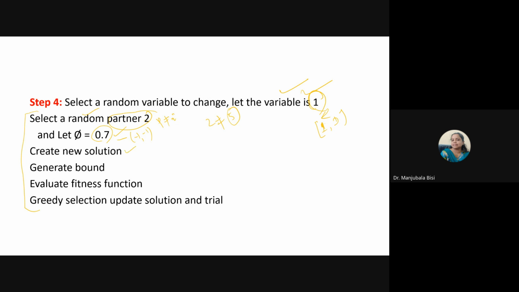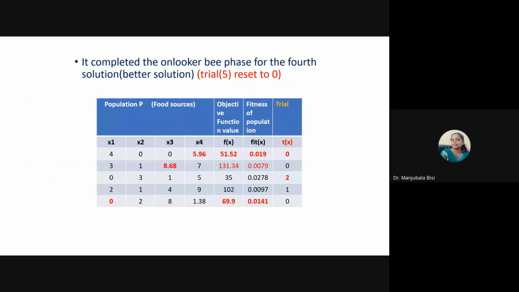Then you create the new solution, bound it if required, then evaluate the fitness function for the greedy selection, and update the solution and the trial. So if you do this, what will happen with this consideration? The fifth one, we are getting a better solution now. So the trial counter is reset to 0.